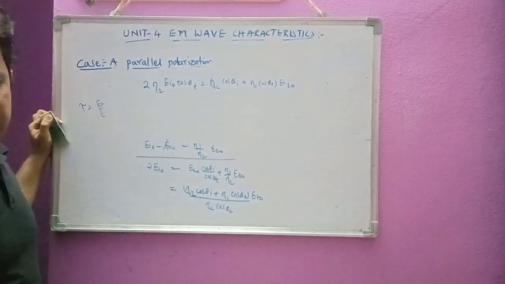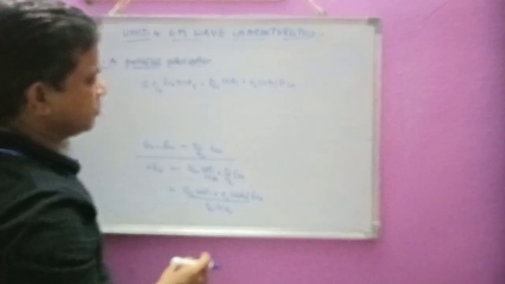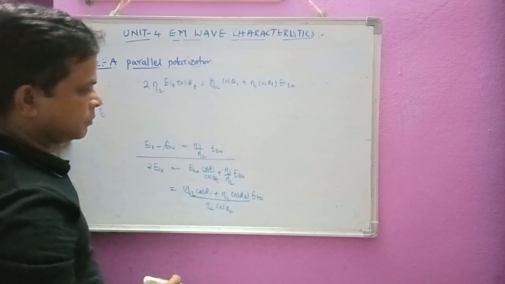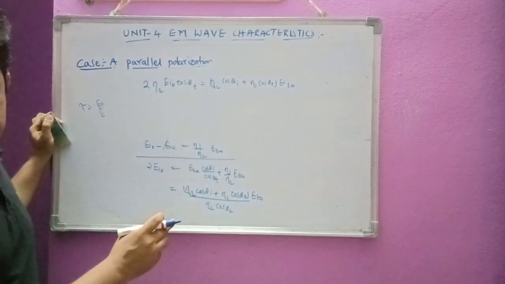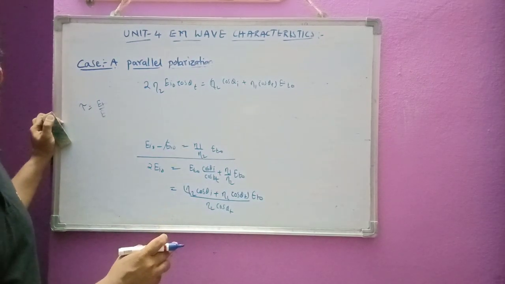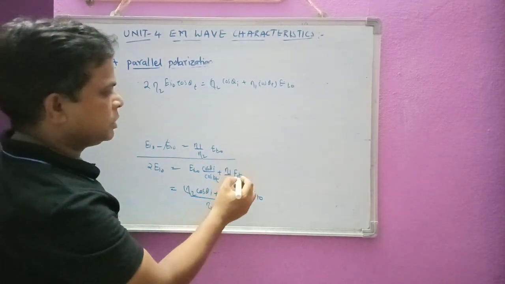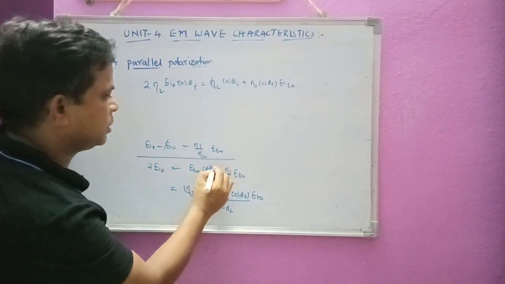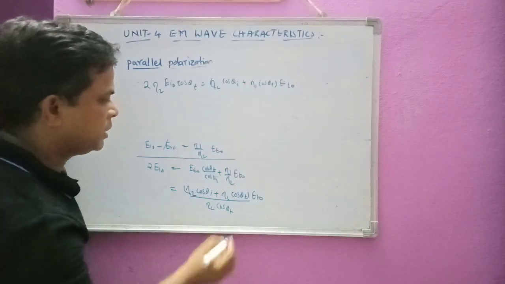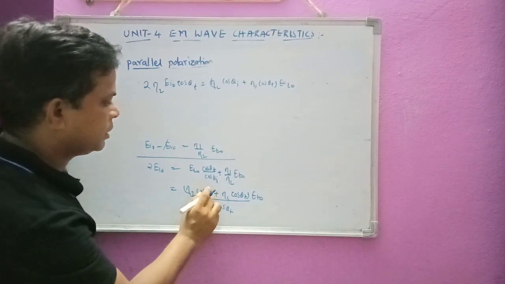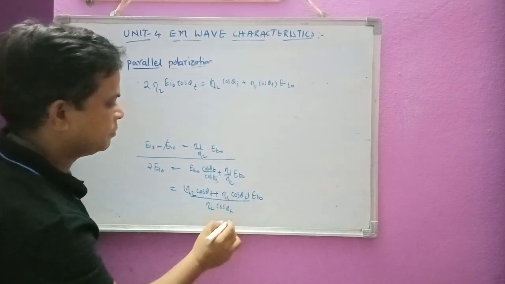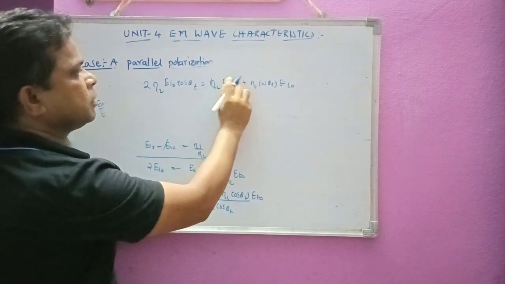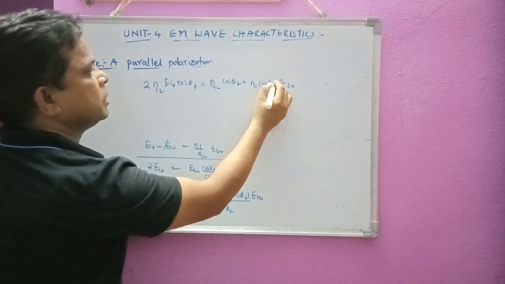Finally, I can write this equation. I think we have taken the reverse order here. Actually we have cos theta t instead of cos theta I here, so it is cos theta t by cos theta I. Sorry for that, we made a small mistake here.